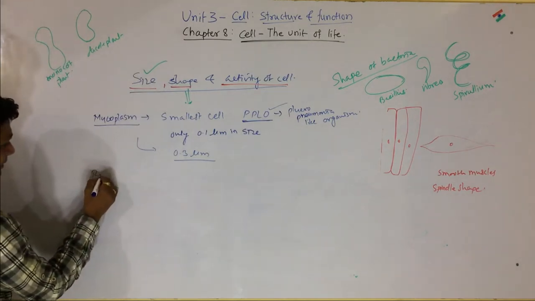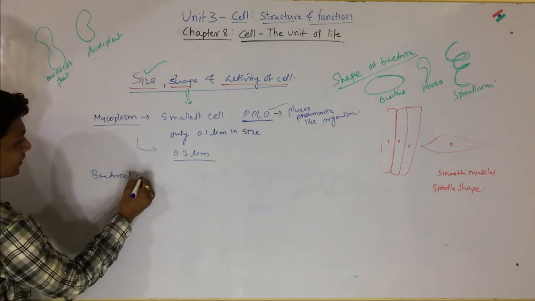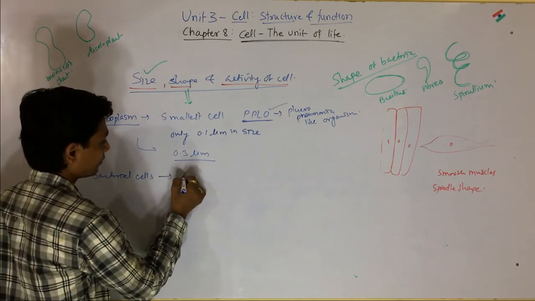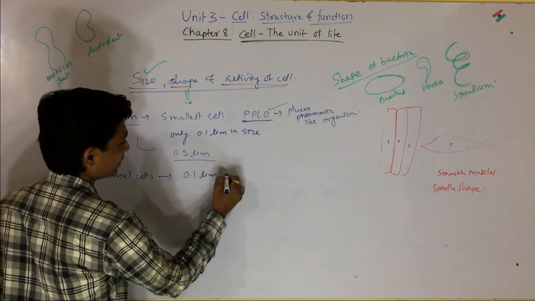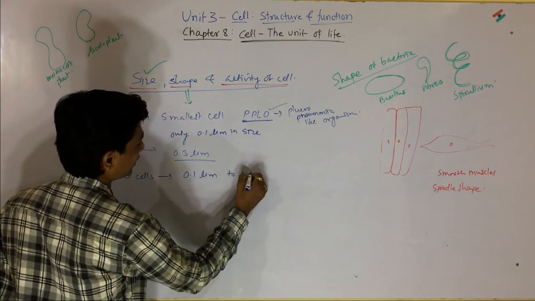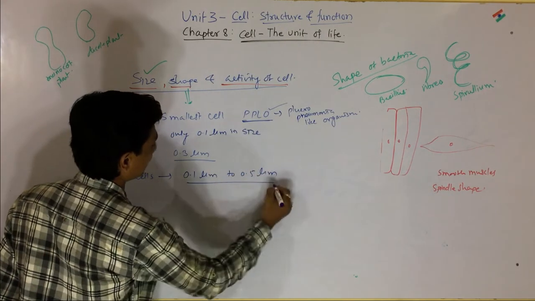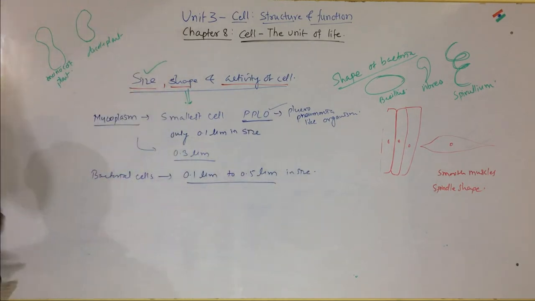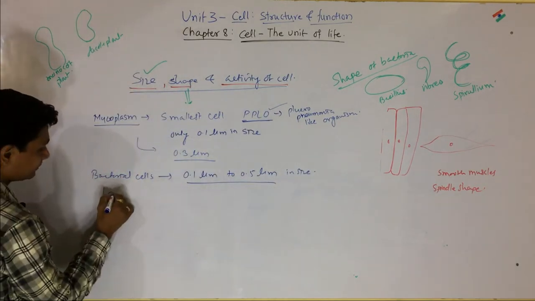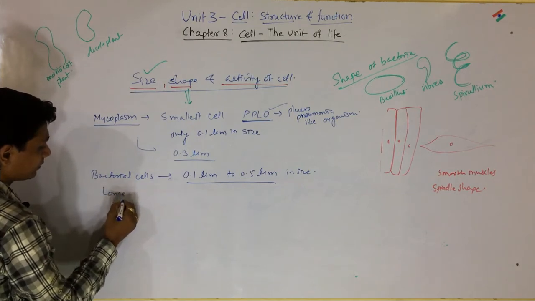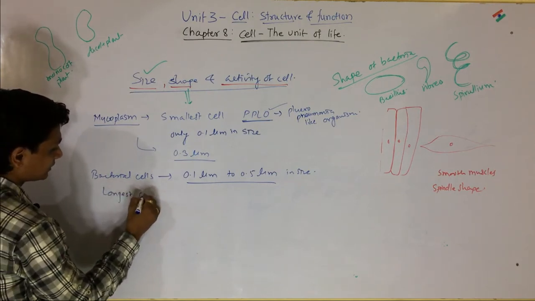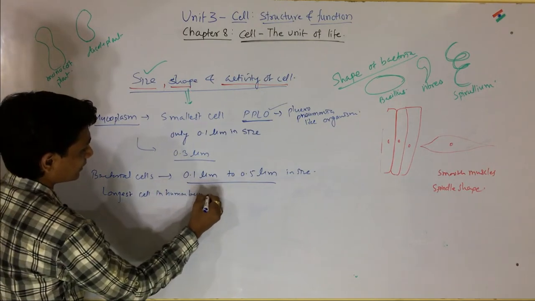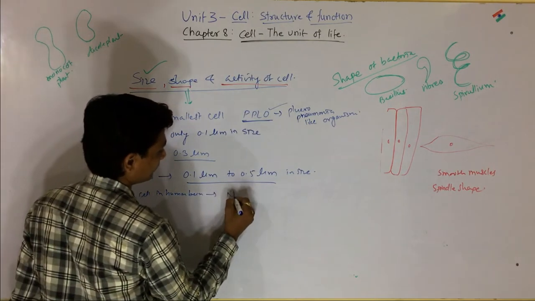Second, bacterial cells range from 0.1 micrometer to 0.5 micrometer in size. Then the longest cell in human beings, as we know, is the nerve cell.